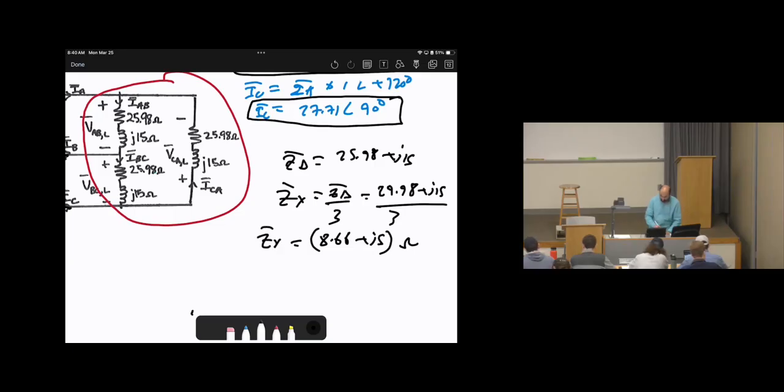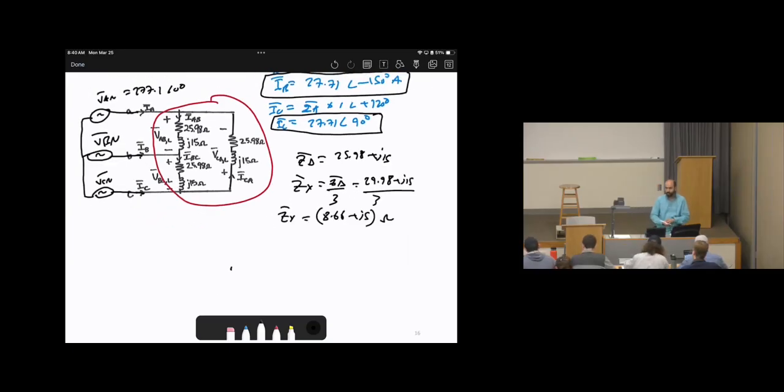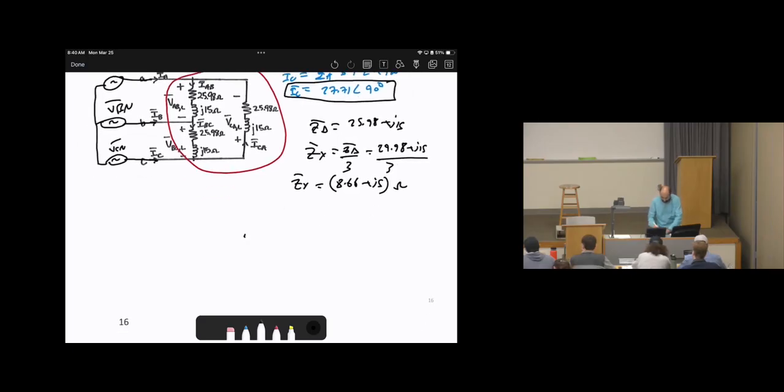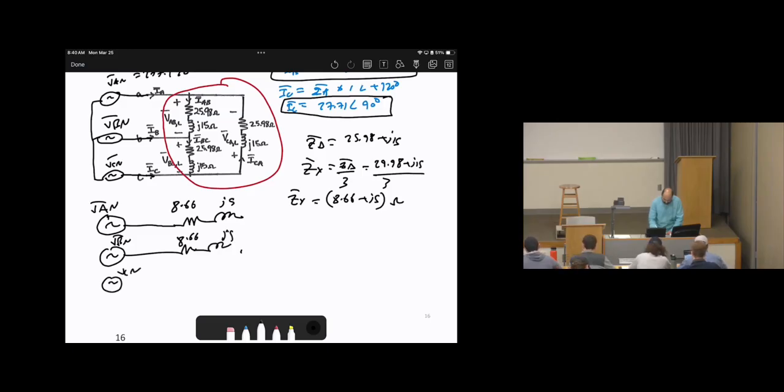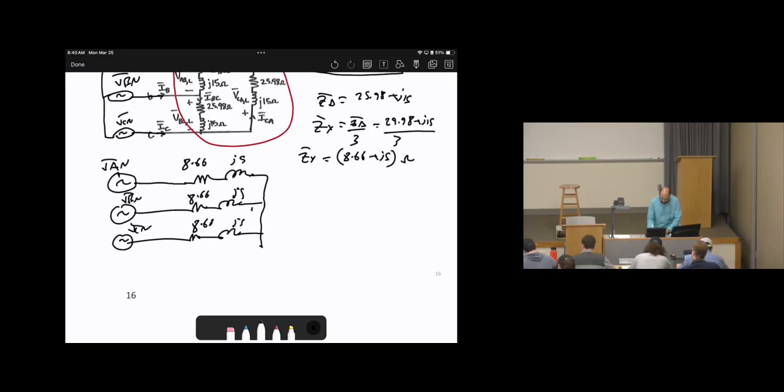This is ZY. Then, what should I do? Redraw the circuit, write it as a Y. So here is VAN, and write it as a Y with 4 wires: VAN, 8.66 plus J5; VBN, 8.66 plus J5; VCN, 8.66 plus J5, with the neutral here.